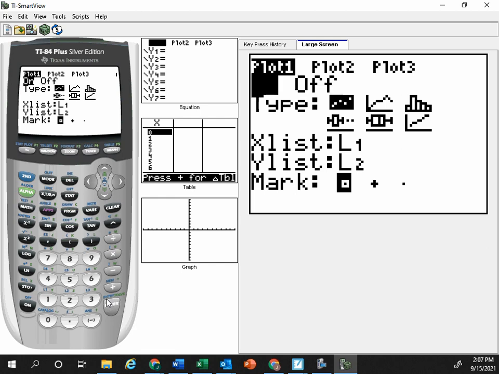Mine says off, so I need to highlight on. And then type, we have to pick the normal probability plot. So that is the last option here on your graph. The way you get there, just keep arrowing to the right, and it'll take you there. So you want that last one highlighted, and then push enter.